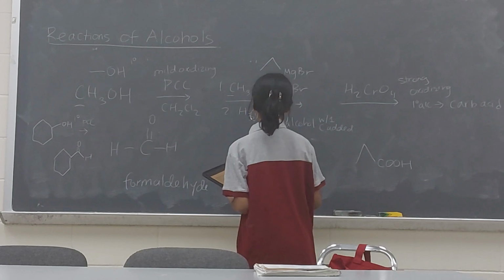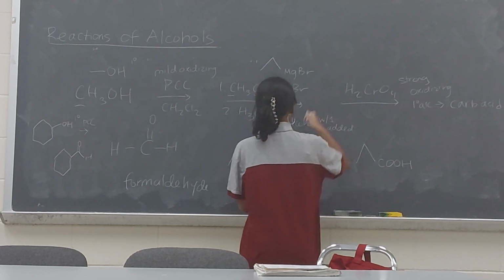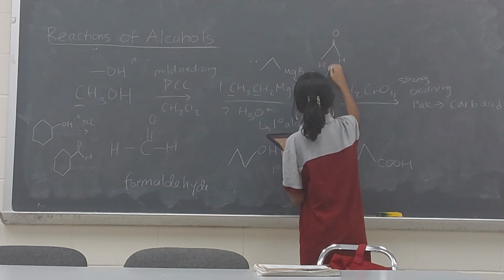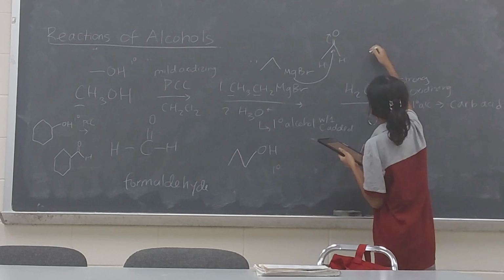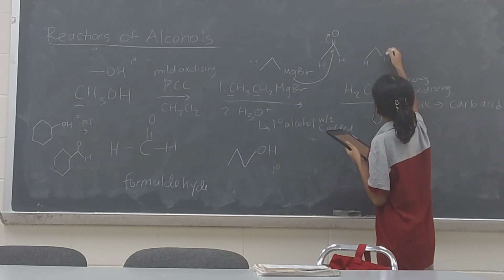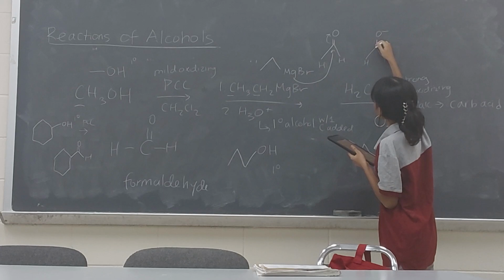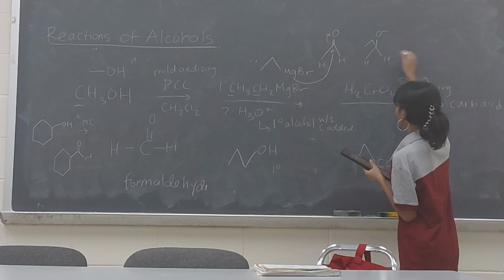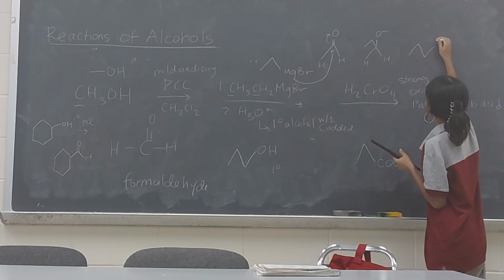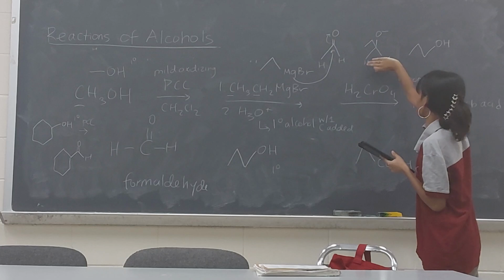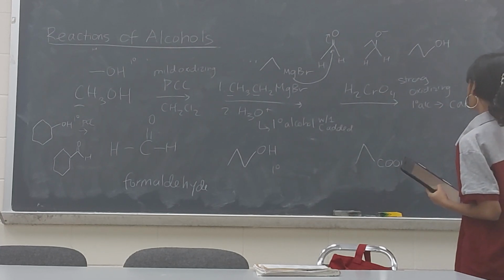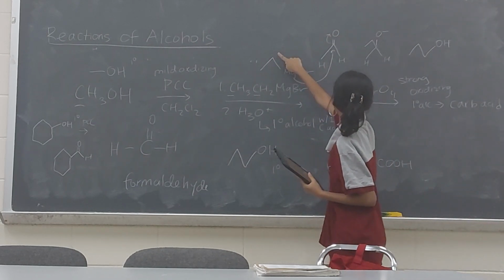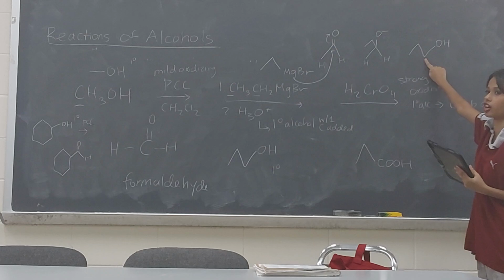Oh yes, let me show it. And then the H3O plus. And you don't have to draw the hydrogens, right? So this Grignard has 2 carbons, and then that's here, and then we're just adding this 1 carbon. Okay.